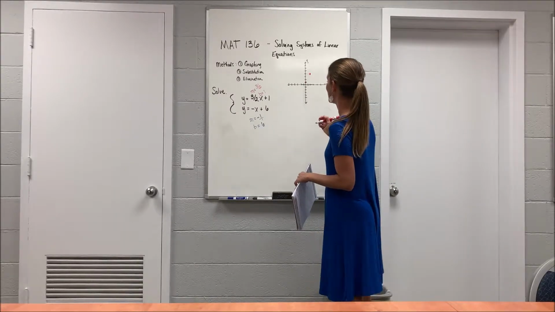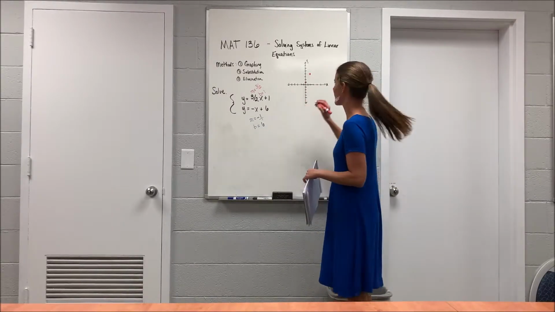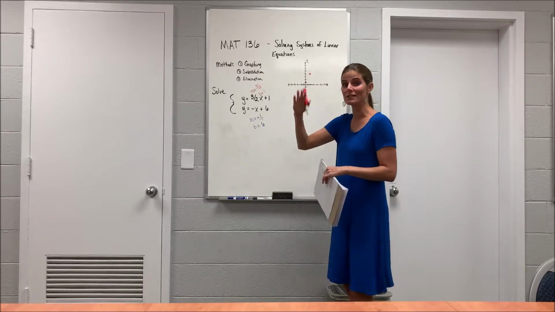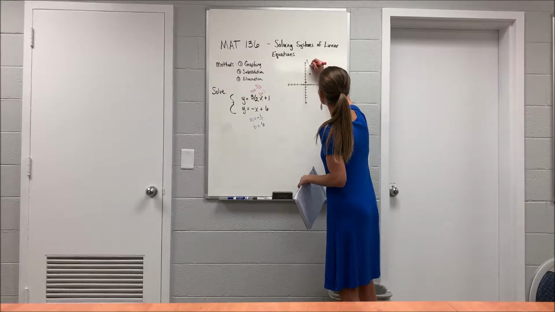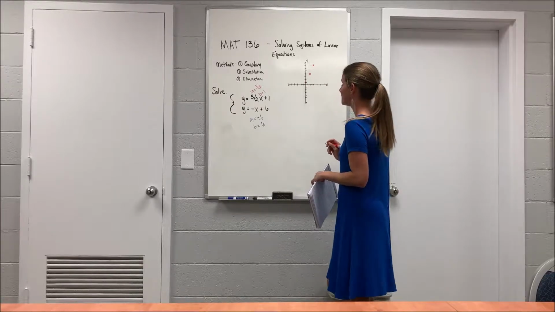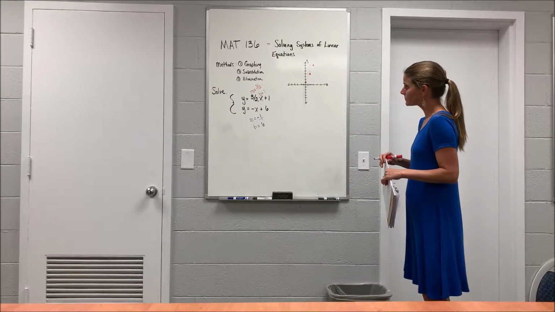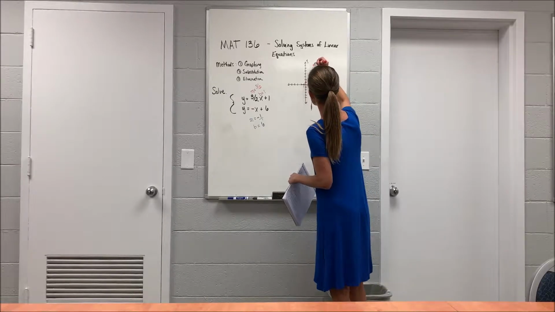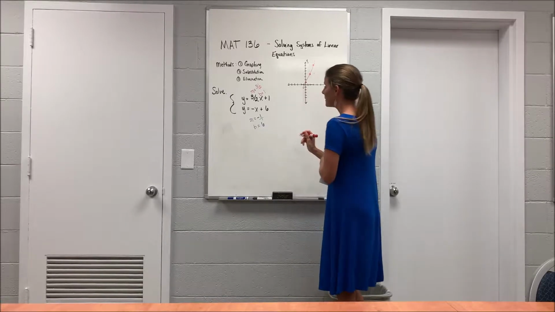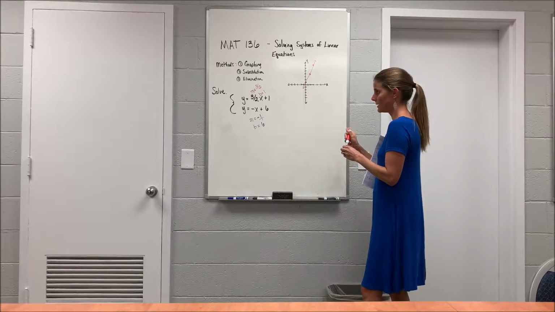My slope is constant, so I'm going to keep going up 1, 2, 3, and over 1, like that. I think I have enough at this point, so I'm going to connect those points, and then move to this other line and see where these lines intersect.